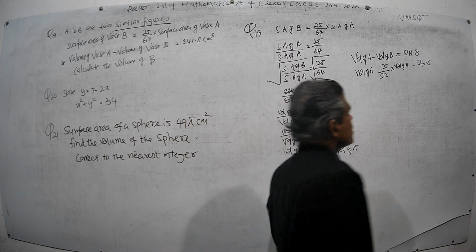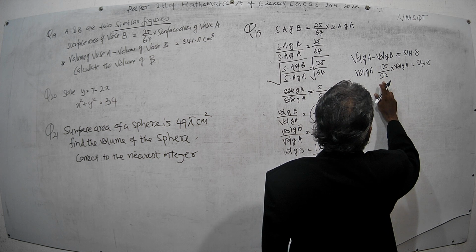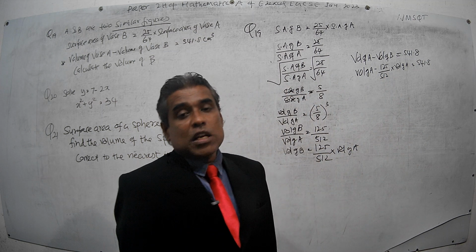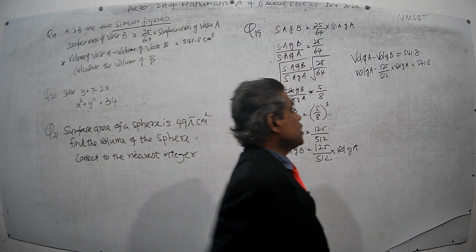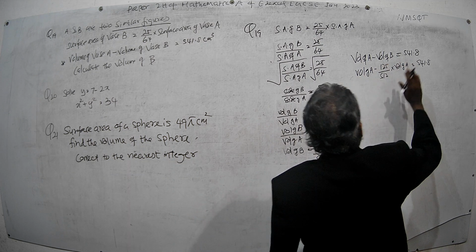Now we are removing this 512. How do we remove this 512? When you want to remove a denominator, you have to multiply each and every term of the equation by that denominator. This whole thing should be multiplied by 512.